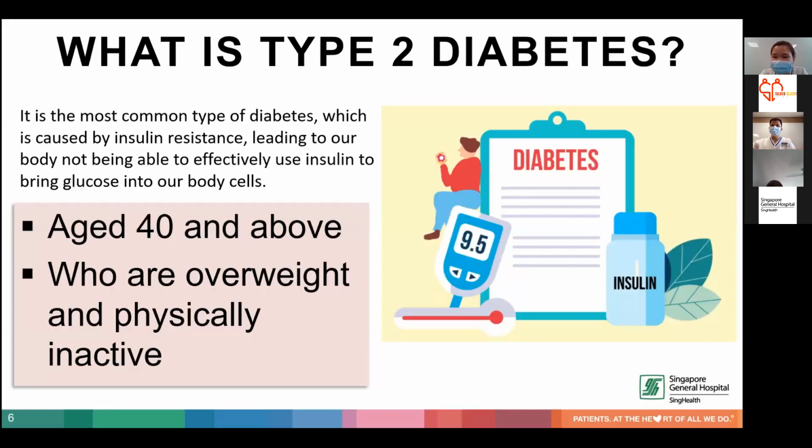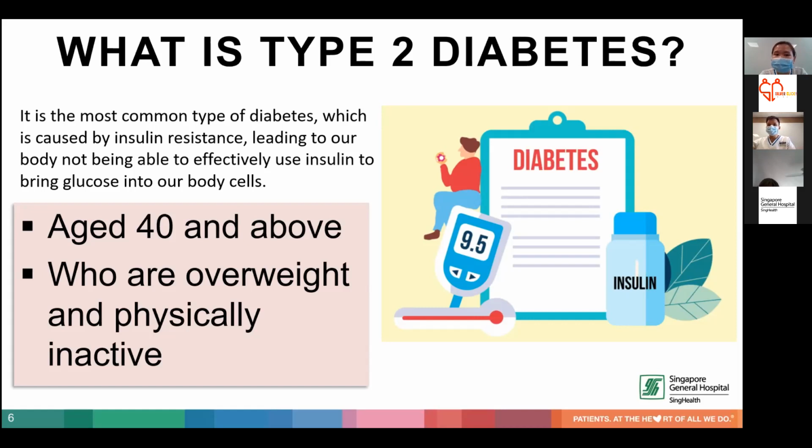Thanks for answering the question just now. Someone mentioned that there's type 2 diabetes. So what is type 2 diabetes? It is actually the most common type of diabetes, which is caused by insulin resistance. Insulin resistance can lead to our body not being able to effectively use insulin to bring the sugar into our body cells.